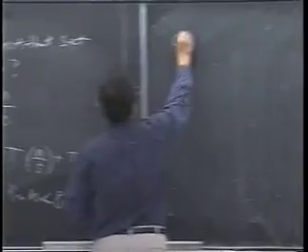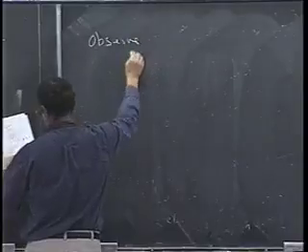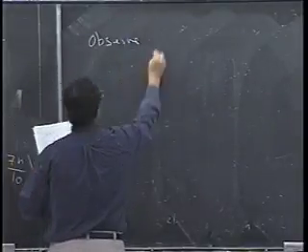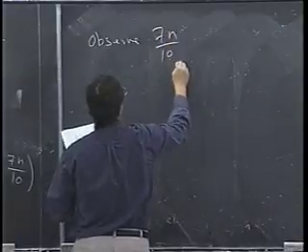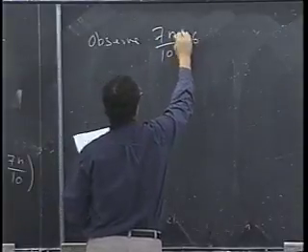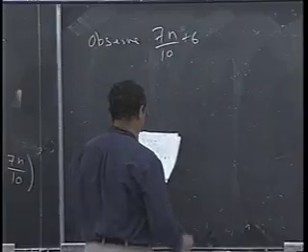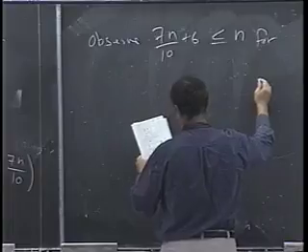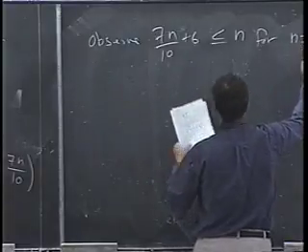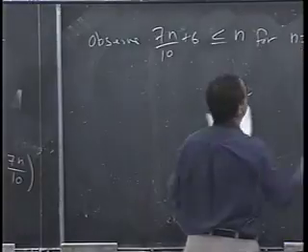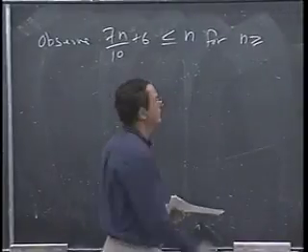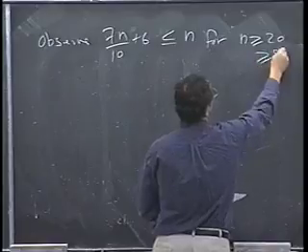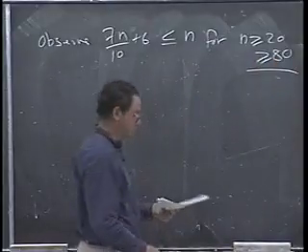And I will observe that 7n over 10, actually plus 6, which is what the book is carrying along, is less than or equal to n. It's certainly true for n greater than or equal to 80. Isn't it true, I think, for n greater than or equal to 20? So certainly true for n greater than or equal to 80.